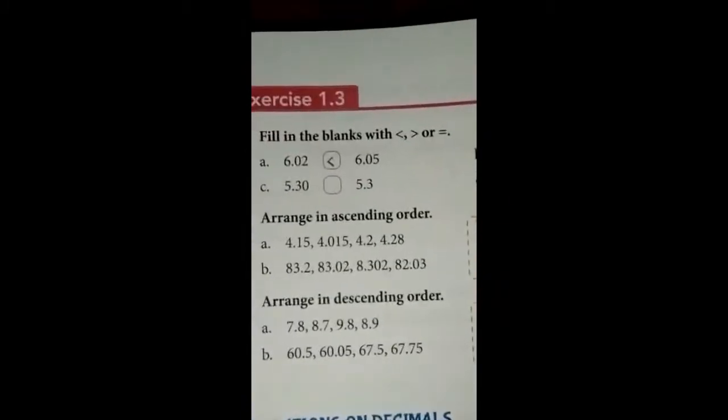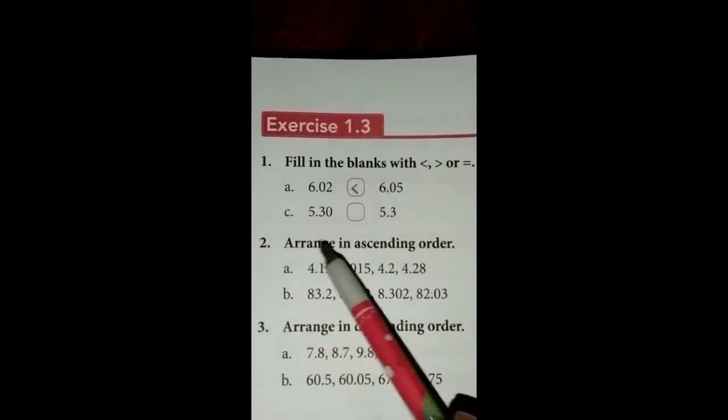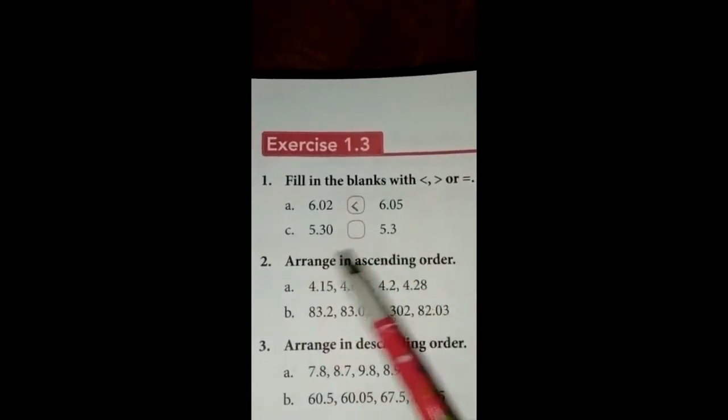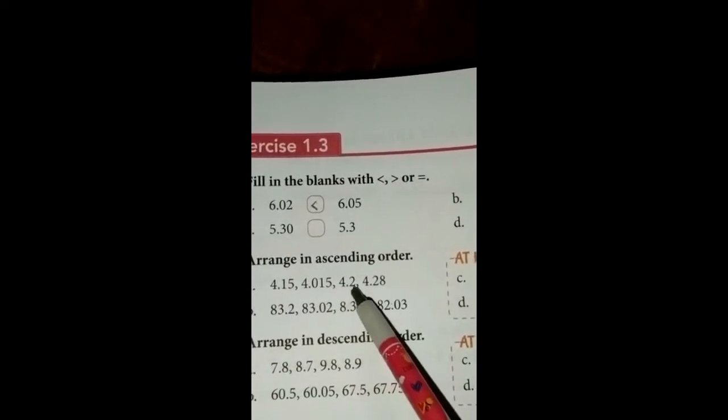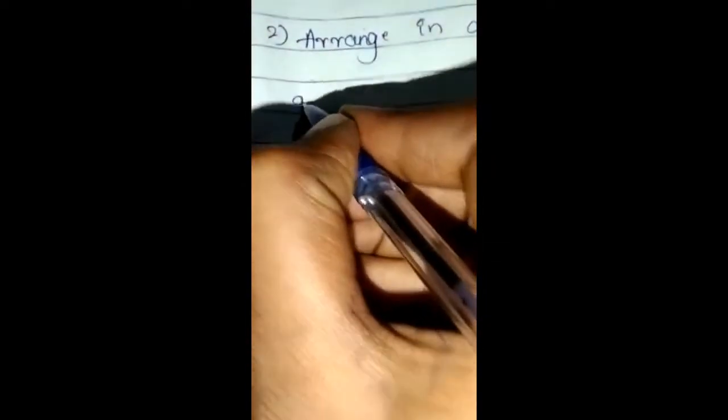Let us move on. Next exercise, second one is 2. Arrange in ascending order. A, 4.15, 4.015, 4.2 and 4.28. Let us solve this one.